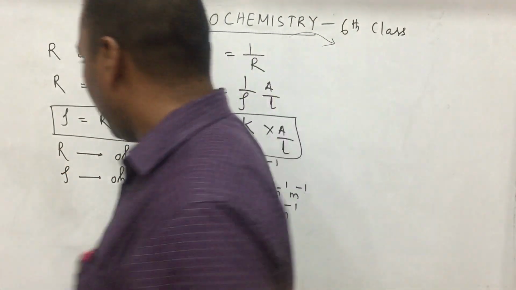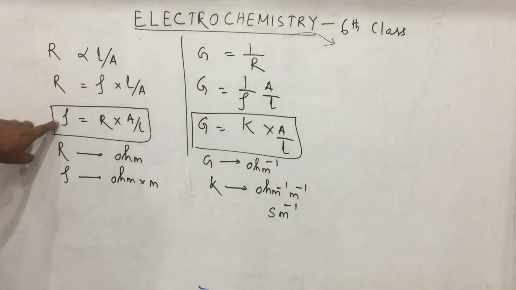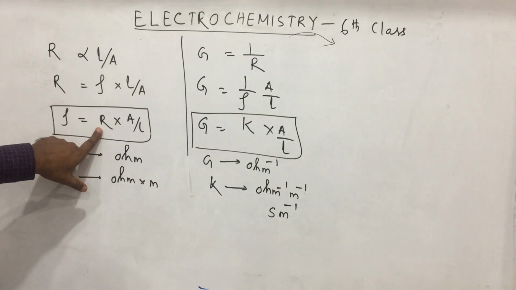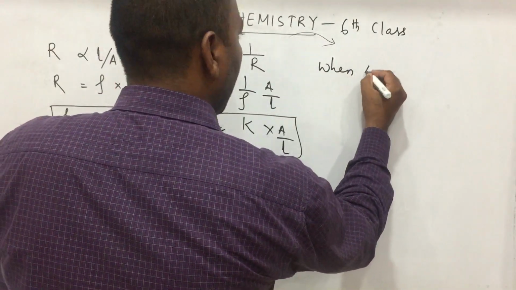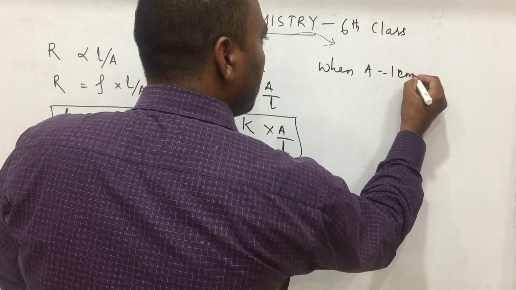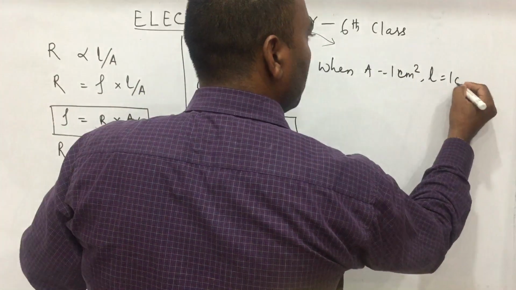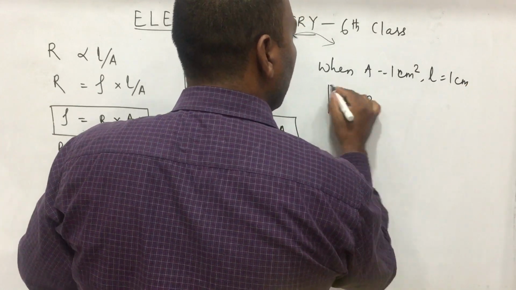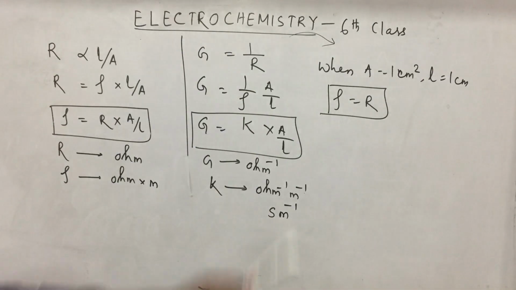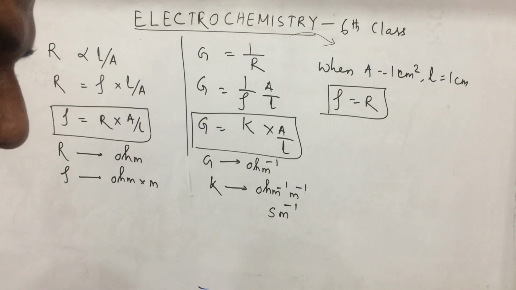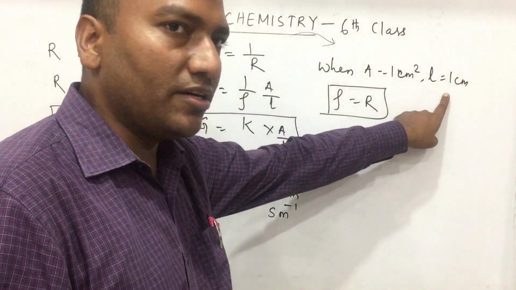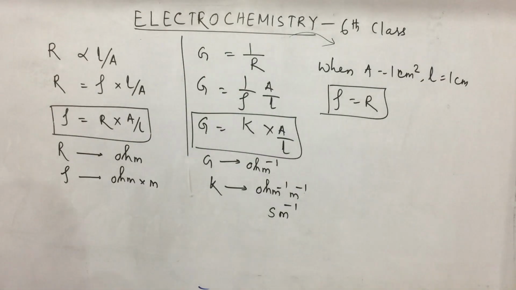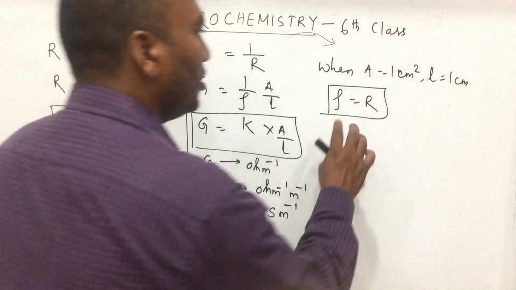Rho is the resistance of a conductor when A equals, suppose, 1 centimeter square and L equals 1 centimeter, then rho equals R. So resistivity can be defined as the resistance of a conductor whose length is 1 centimeter and area of cross section is 1 centimeter square.